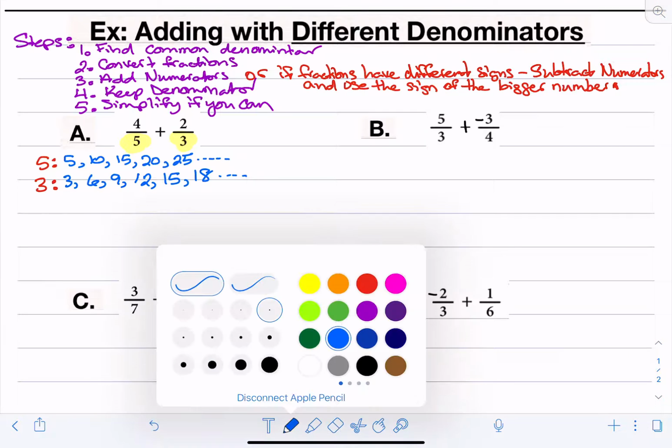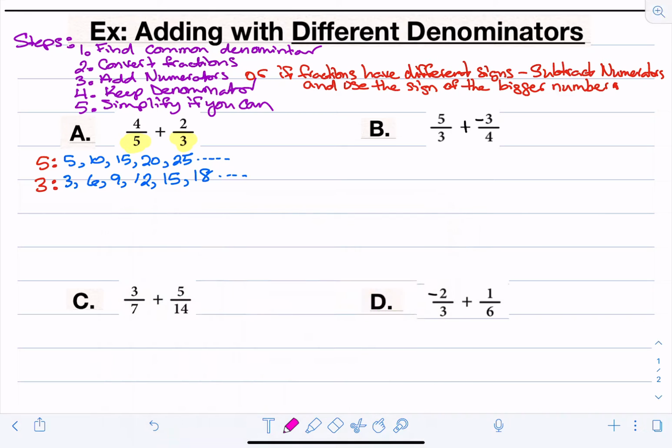So it's going to be times 1, times 2, times 3, times 4, times 5, and then it just keeps going, right? Then it would be times 6, times 7, times 8. I'm only going to do it to 5 for this example. But if I don't find a common denominator, I'm going to keep going. Okay, I'll do times 6, times 7, times 8 until I can find that least common multiple that I need.